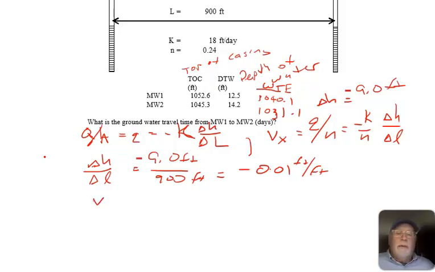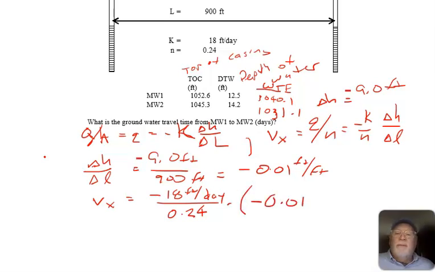So Vx equals minus K, which is given at 18 feet per day. I need the porosity in the denominator there, 0.24, times our hydraulic gradient of negative 0.01. So you see the negatives cancel out.